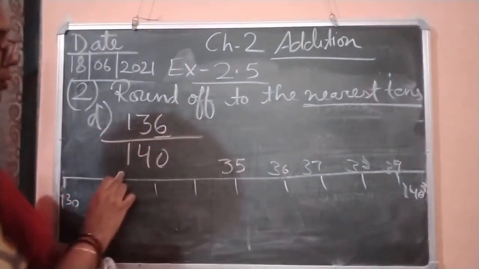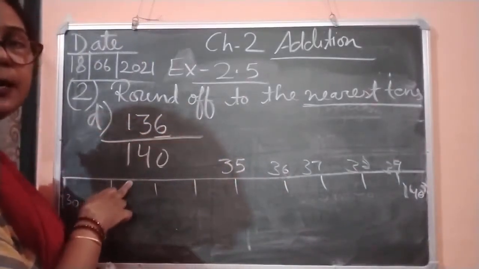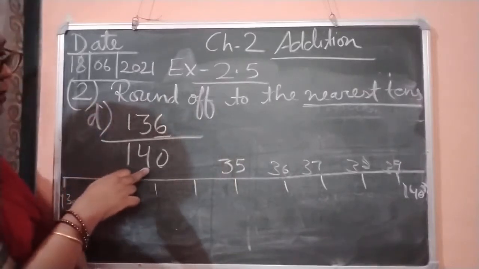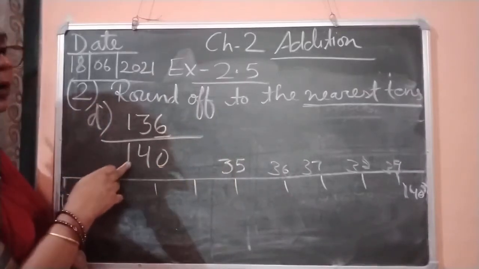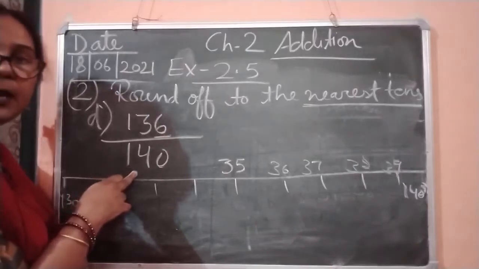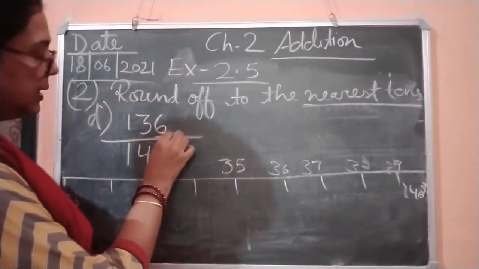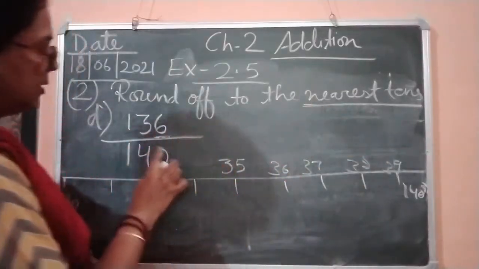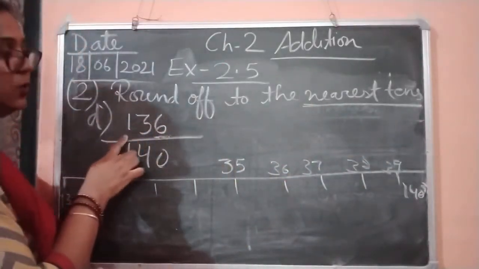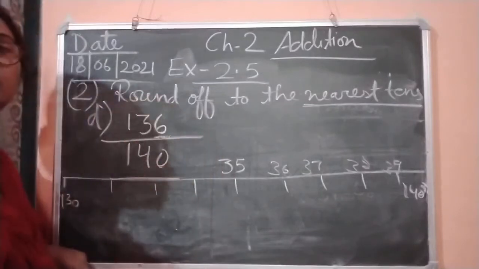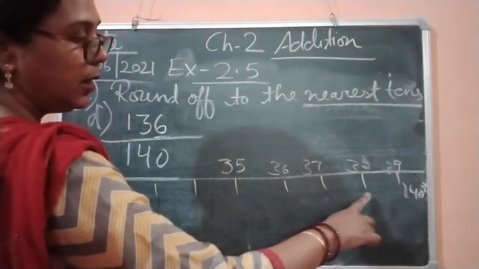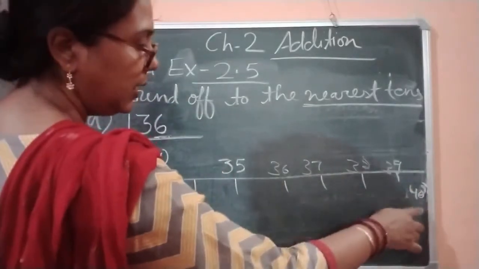We are rounding off to the nearest tens. 6 we will consider because this is nearest tens. We are not counting at hundreds. So that is why it will come at 140.